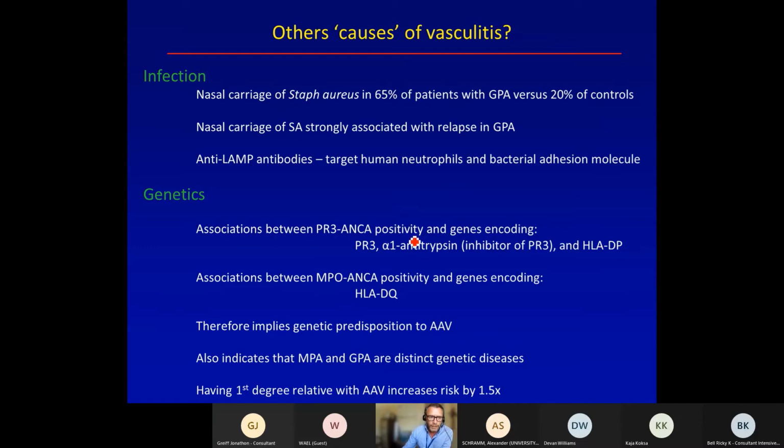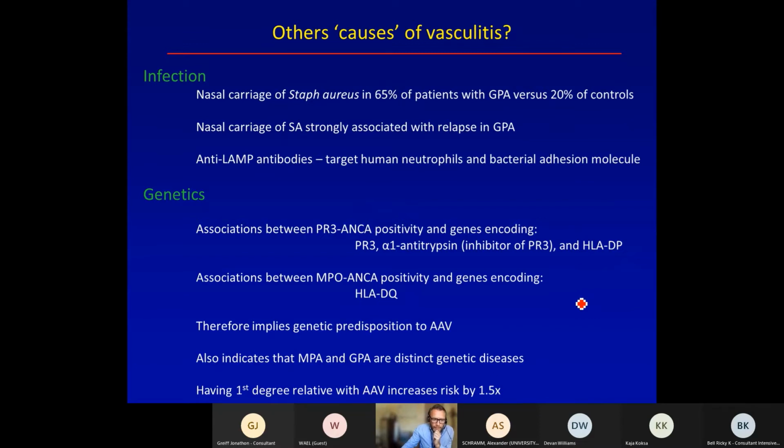There are genetic associations, so PR3 ANCA positivity is associated with abnormalities of the PR3 gene, the alpha-1 antitrypsin gene, and is associated with the HLA-DP. In contrast, MPO ANCA positivity is associated with HLA-DQ. So it implies a genetic predisposition to ANCA-associated vasculitis, and it also provides evidence that MPA and GPA are actually distinct genetic diseases.